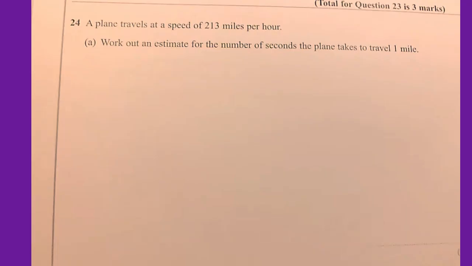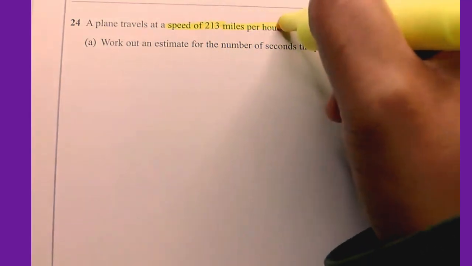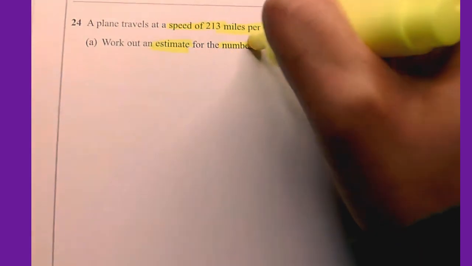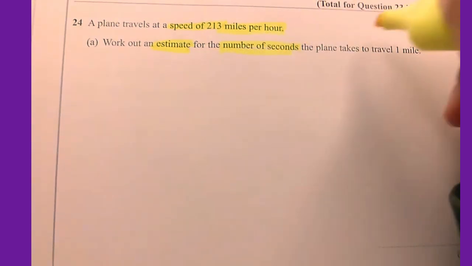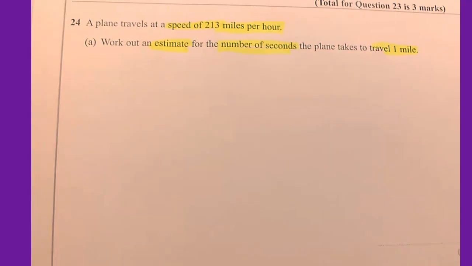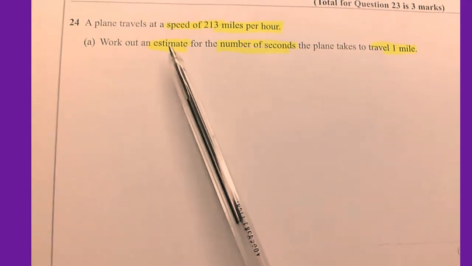All right, let's highlight key information. A plane travels at a speed of 213 miles per hour. Work out an estimate for the number of seconds the plane takes to travel 1 mile. So the key things I'm spotting are, we've got speed, but we've got estimate.